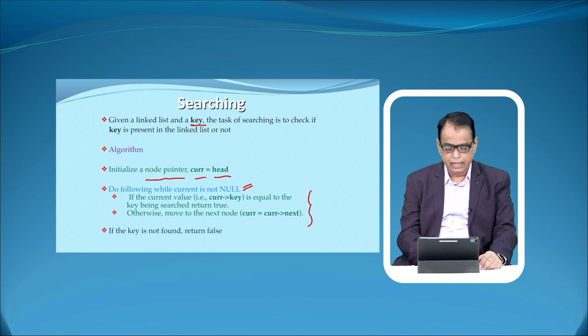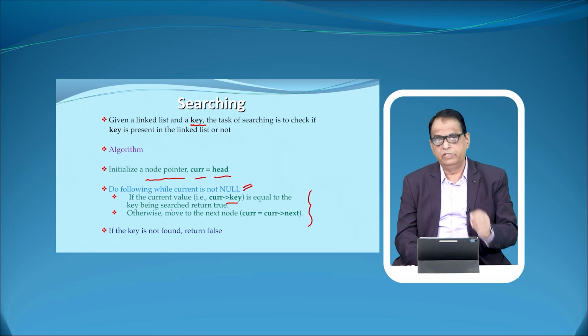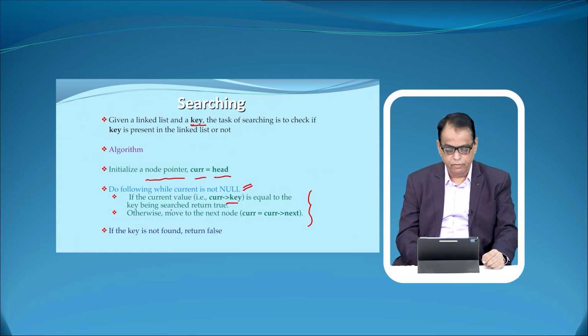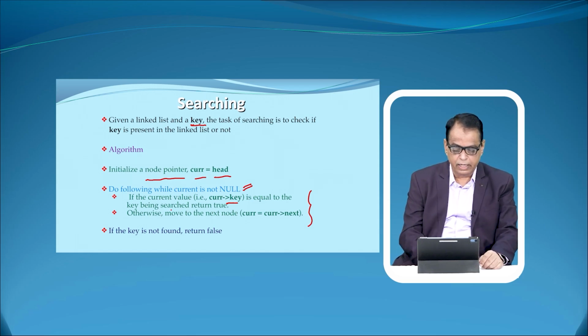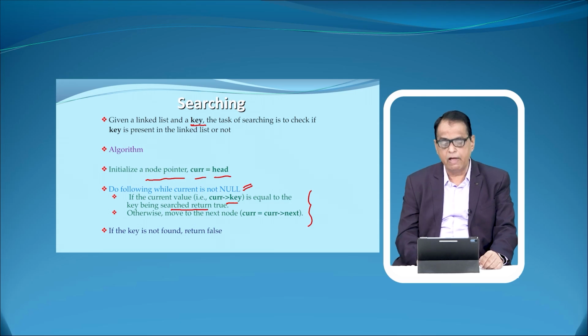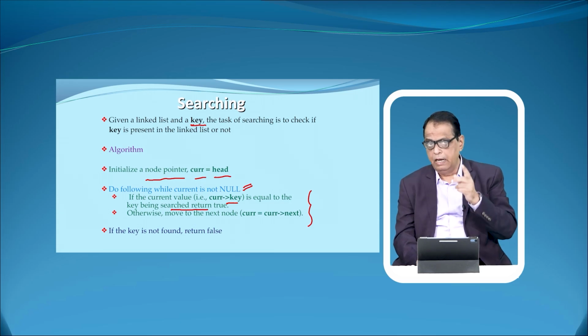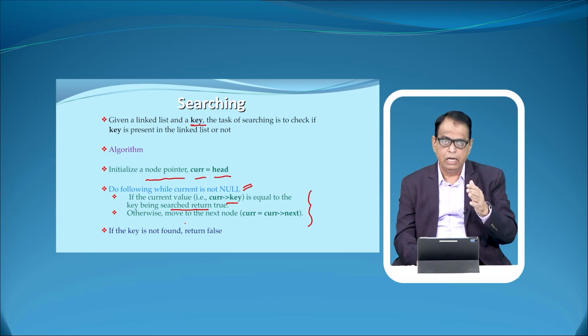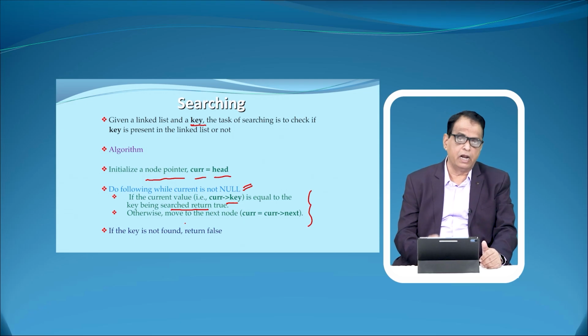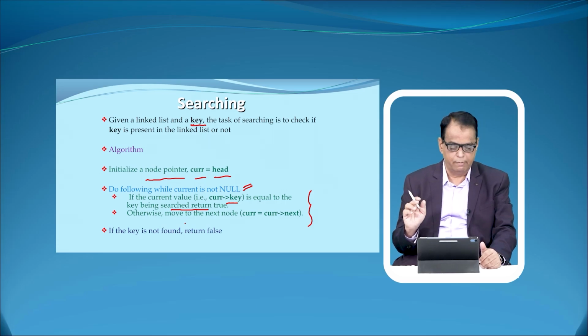So we will check whether the value of current is equal to the key. If the element being pointed to by current holds a value that matches our key value, then we will announce the successful searching of the element.